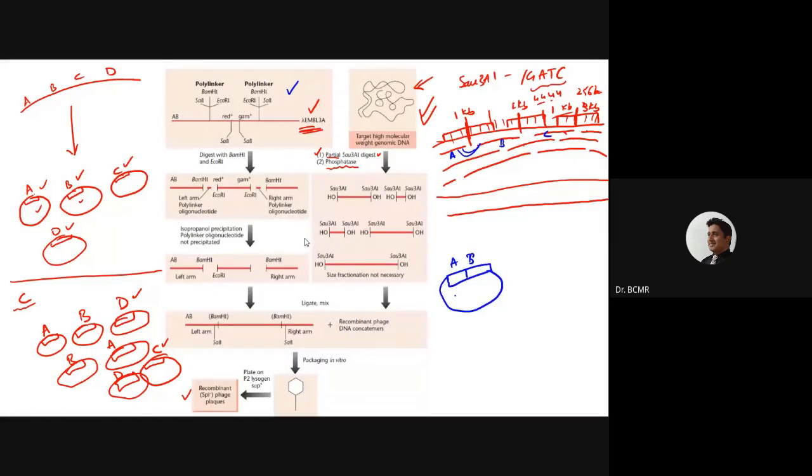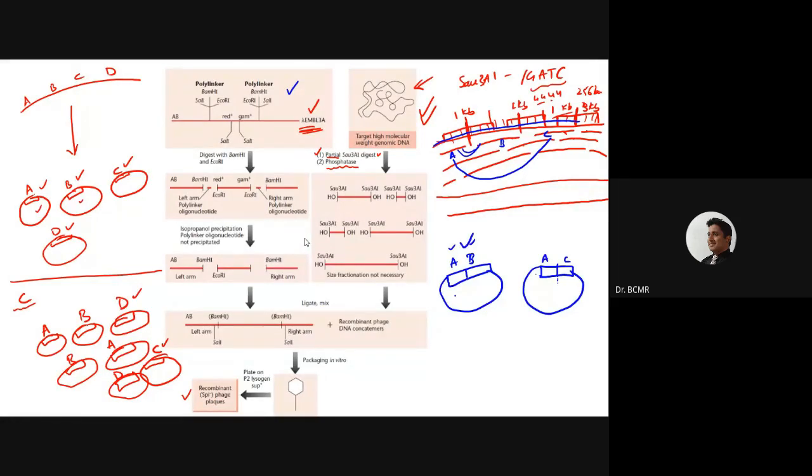If this is the case, I don't have any problem, because the original genetic architecture on the genome is that these fragments were side by side. What if something like this happens, where fragment A is ligating with C, and then I get a fragment like this. Upon cloning, upon ligation, A ligated with C, and the A and C fragment ligated with the vector. Now we have a confusion.